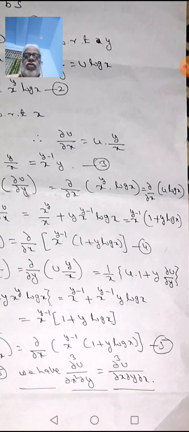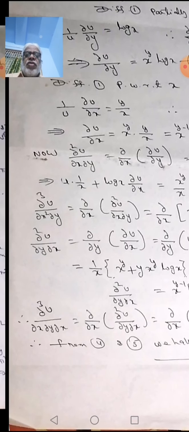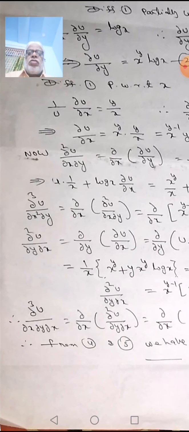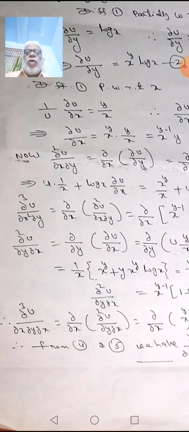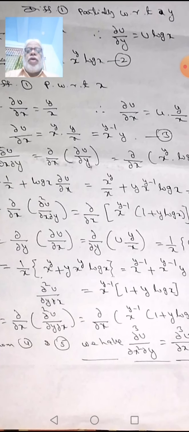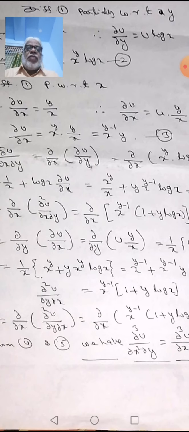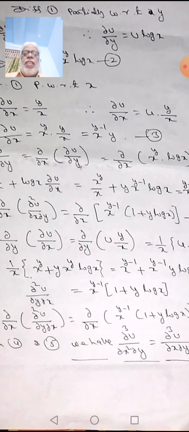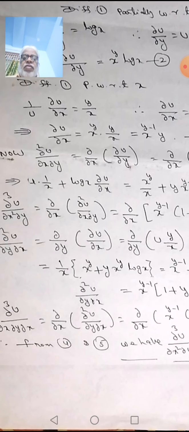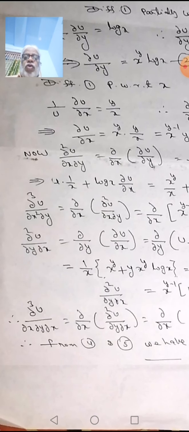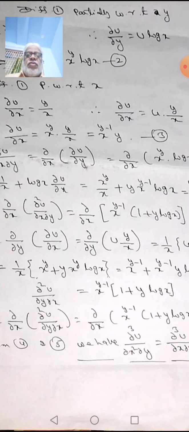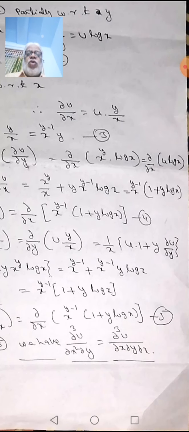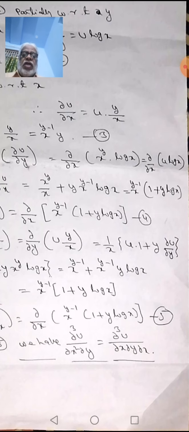What is the fourth equation? ∂³u/∂x²∂y is ∂/∂x of x power y minus 1 into 1 plus y log x. You see the RHS. And the fifth equation, ∂³u/∂x∂y∂x is equal to ∂/∂x of x power y minus 1 into 1 plus y log x. You see fourth and fifth are the same on the RHS.